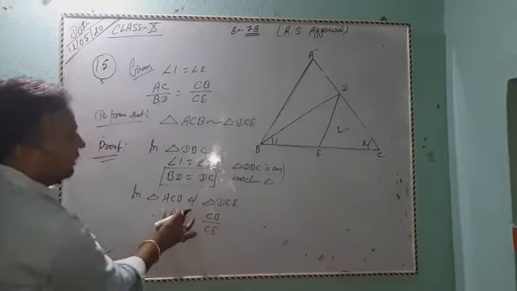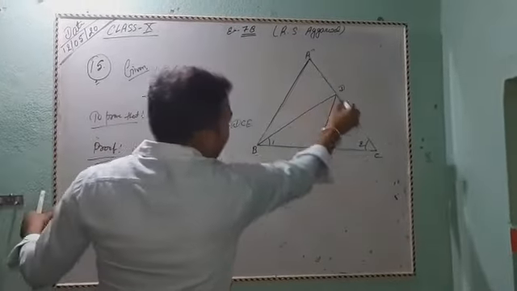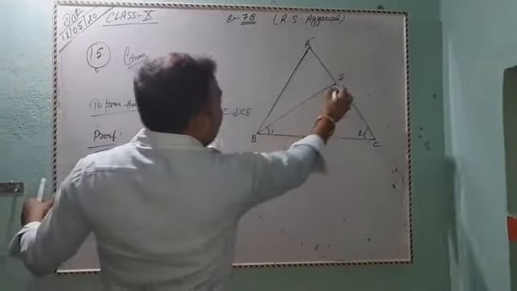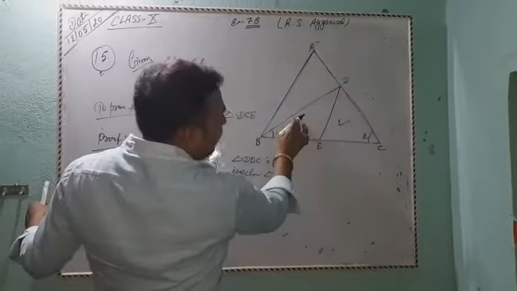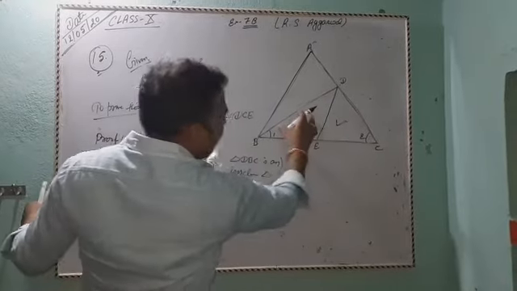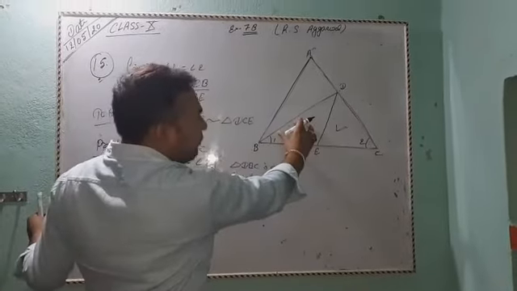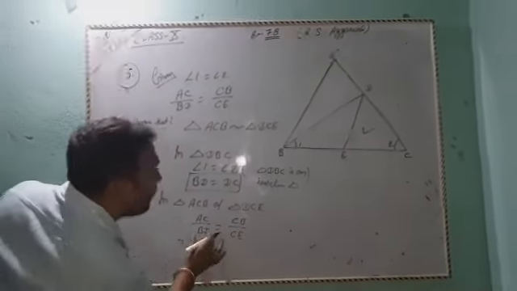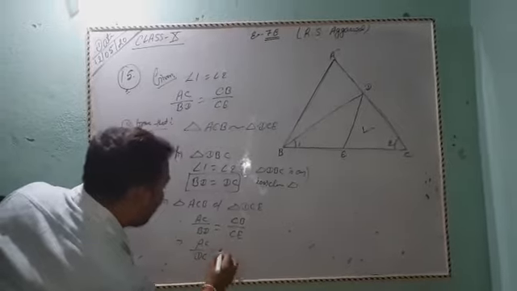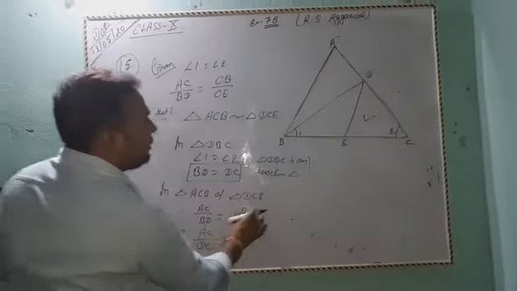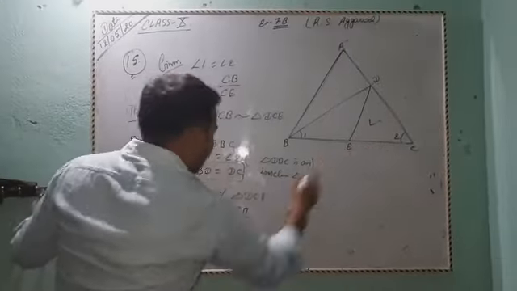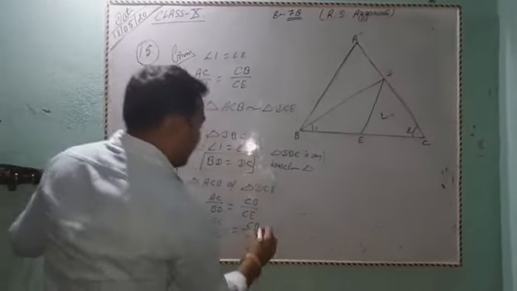Student, for this side AC by BD, so BD equal to DC. Then put the value BD equal to DC. So we write that AC by DC equal to CB by CE. Okay.